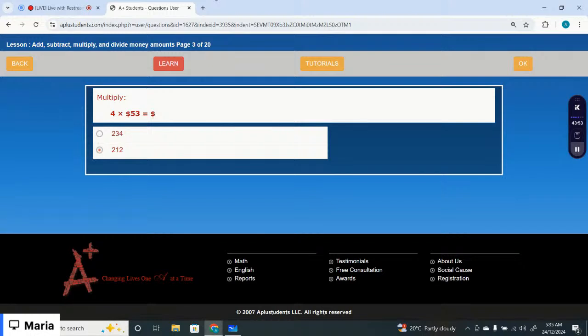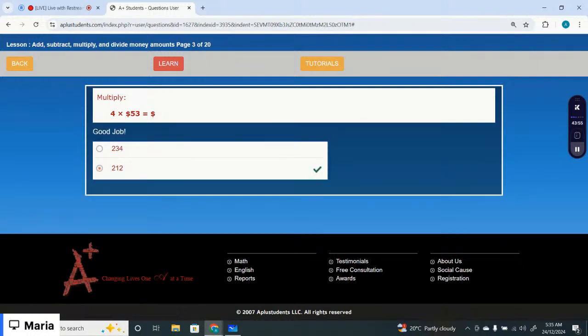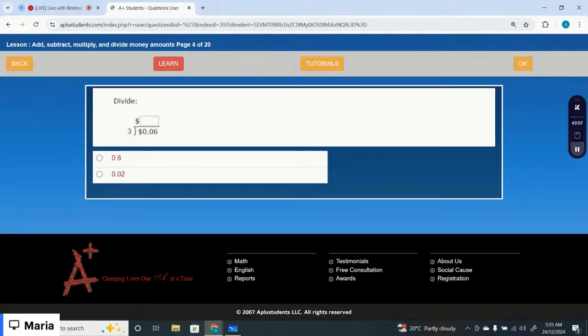That is 212. Option number two is the correct option. That is 0.02.